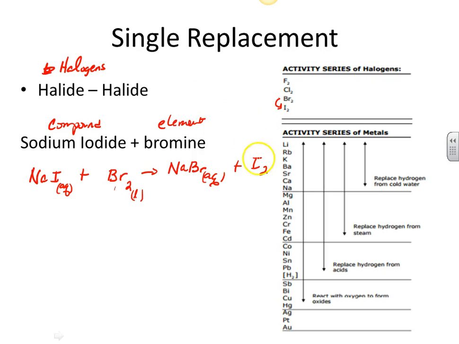All halogens in their natural state, in their free state, are diatomic. So this would be a solid, and it actually would, the majority of it would float on top of the aqueous sodium bromide solution.